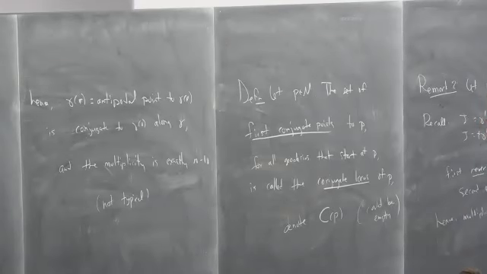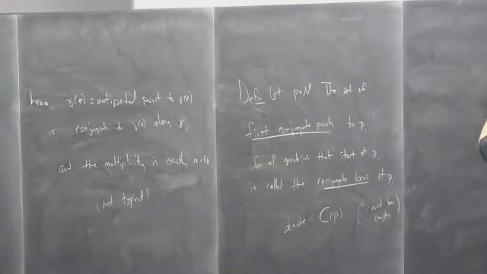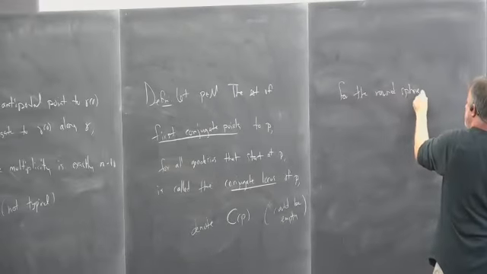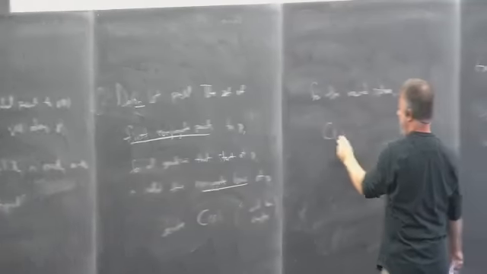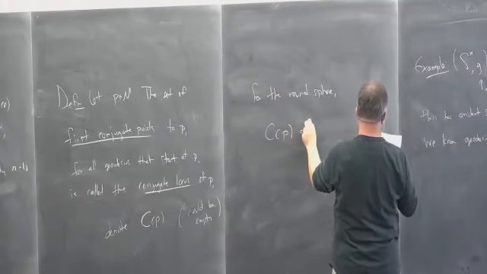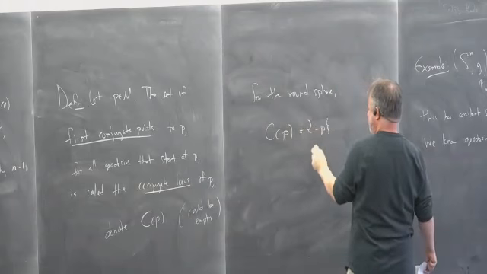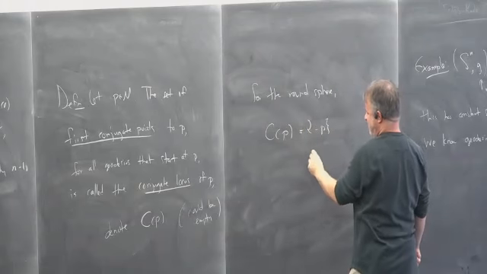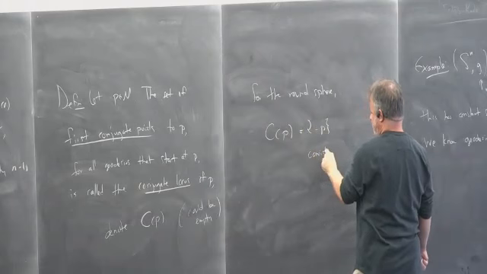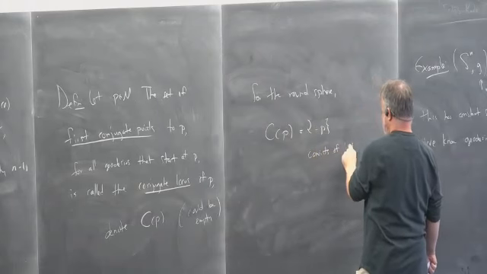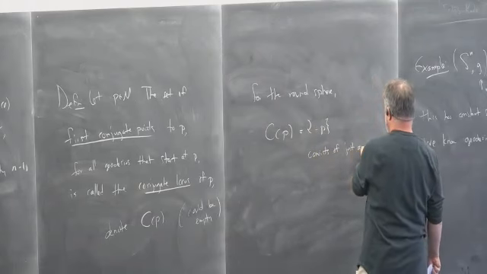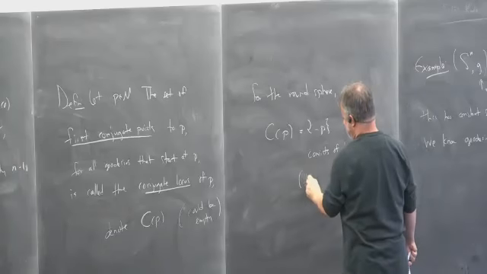And that's going to be the first conjugate point. So in the example that we did on the left-hand side with the sphere, for the round sphere, C of P is equal to minus P. It consists of just one point. And again, this is not typical.